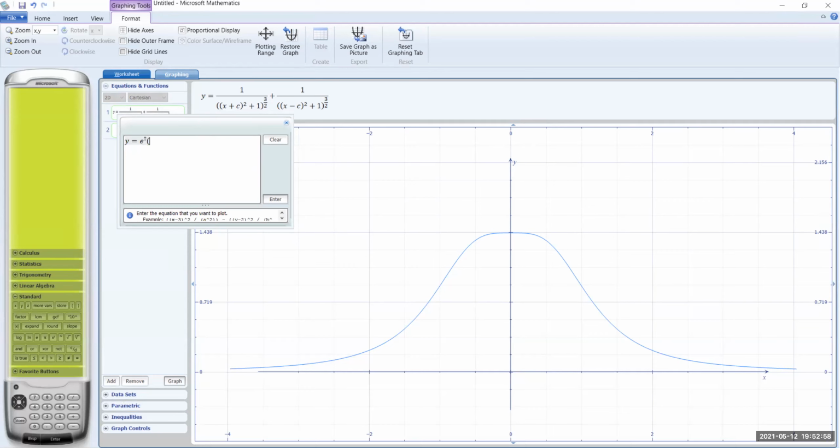How are we going to call this one? I don't want to mess around too much, so I'm going to take omega naught to be 1 just to see how that's going to be. Square root of, open parentheses, 1. No, let's make it a little bigger. Let's make it 4 minus t squared, times x.